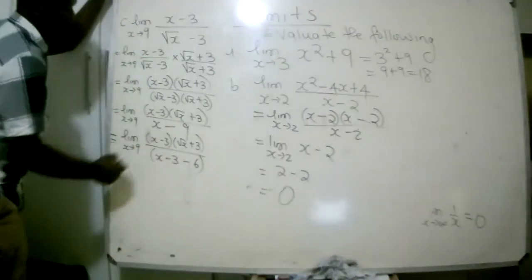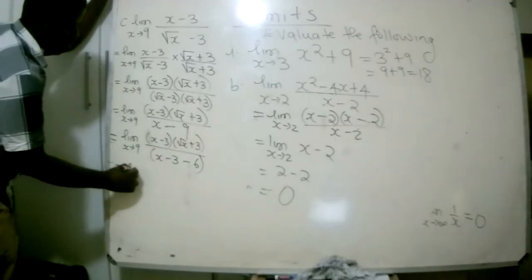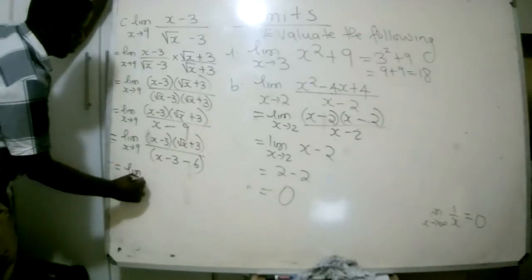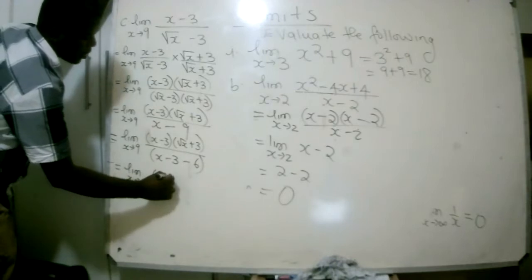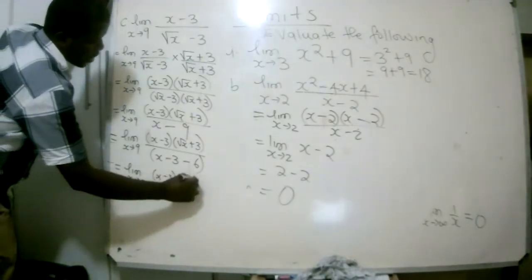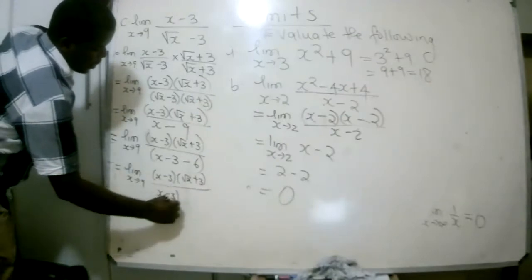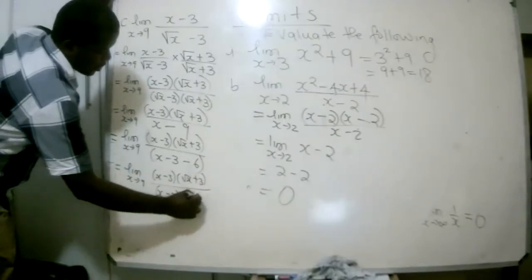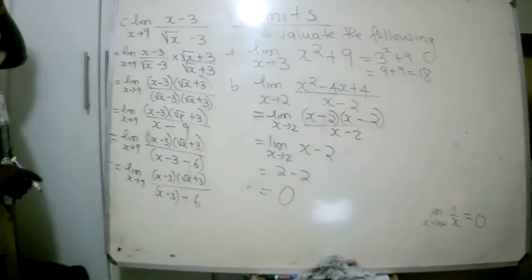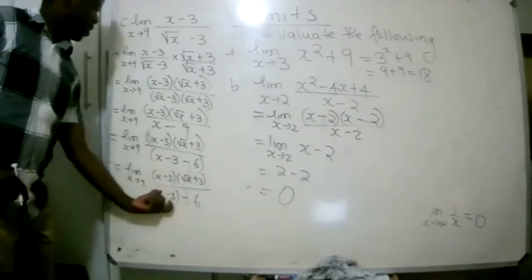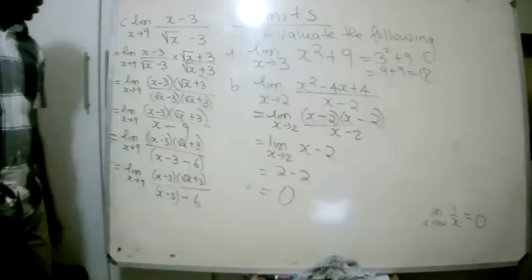But we are interested in the 3 there, so it means we're going to have the limit as x approaches 9 of x minus 3 times root of x plus 3 all divided by x minus 3 minus 6. So we did not violate any rule there. So we just put this into brackets because we're interested in that term.